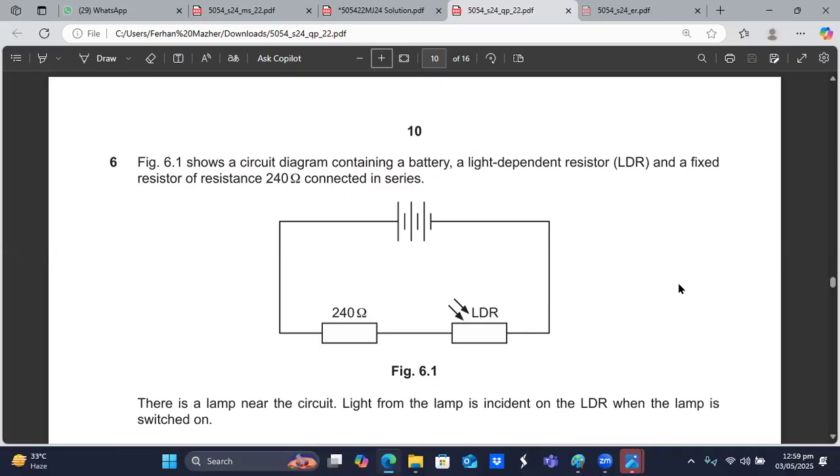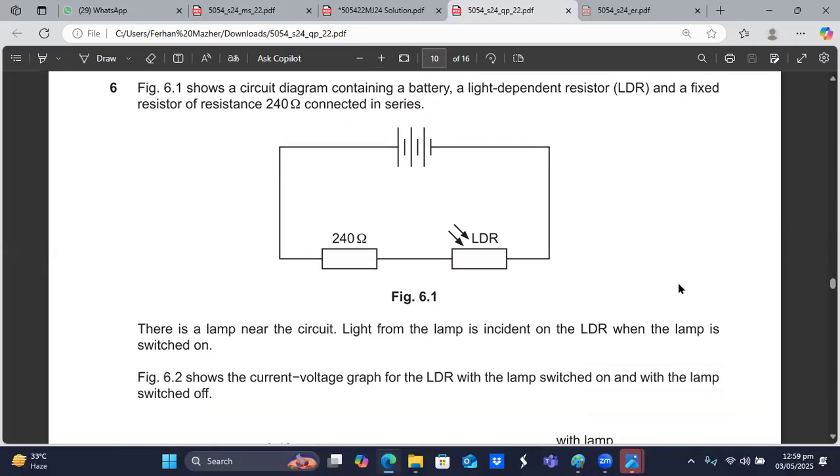So the LDR, its resistance depends upon the light falling on it. If there is more light, the LDR will have less resistance. And if there is less light falling on the LDR, its resistance will be high. So figure 6.2 shows the current-voltage graph for the LDR with the lamp switched on and with the lamp switched off.